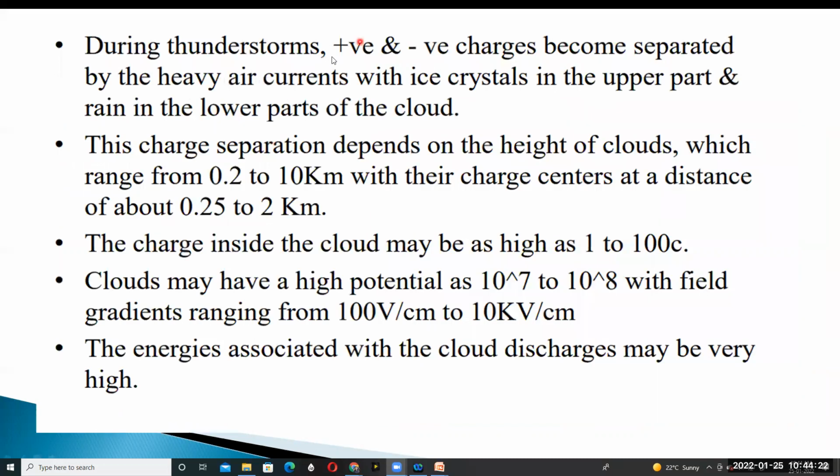During thunderstorms, positive and negative charges become separated by heavy air currents, with ice crystals in the upper part and rain in the lower part of the cloud.